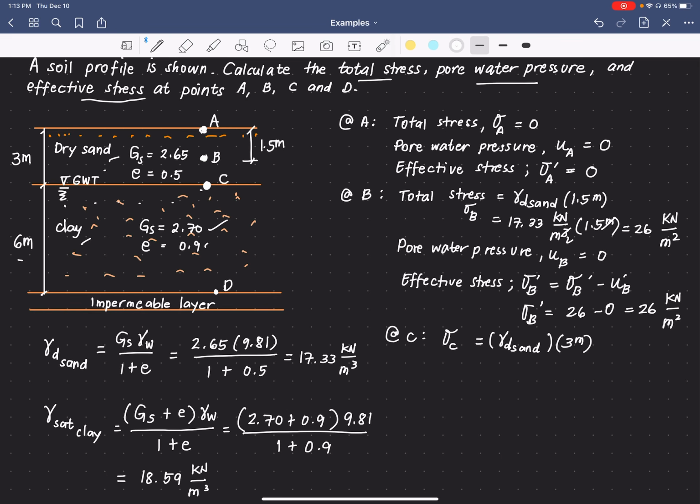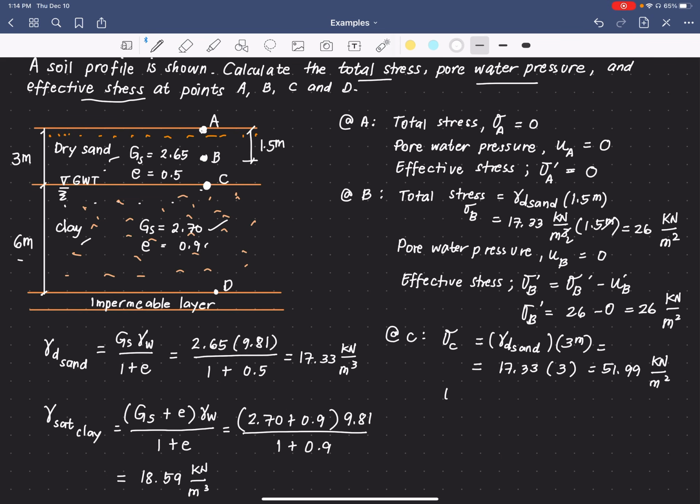So that would be equal to 17.33 times 3 meters. We can get a value of 51.99 kilonewton per square meter.